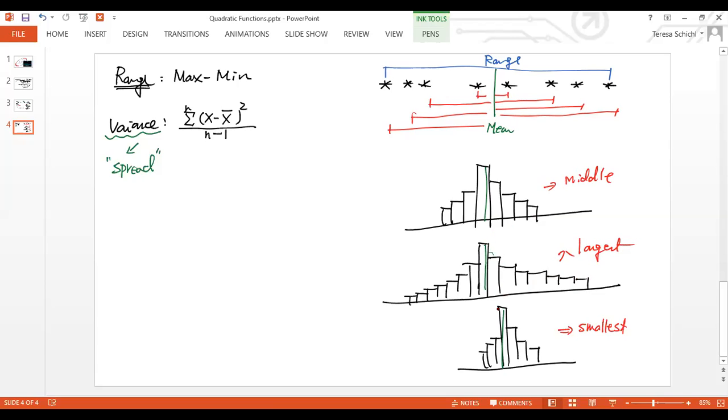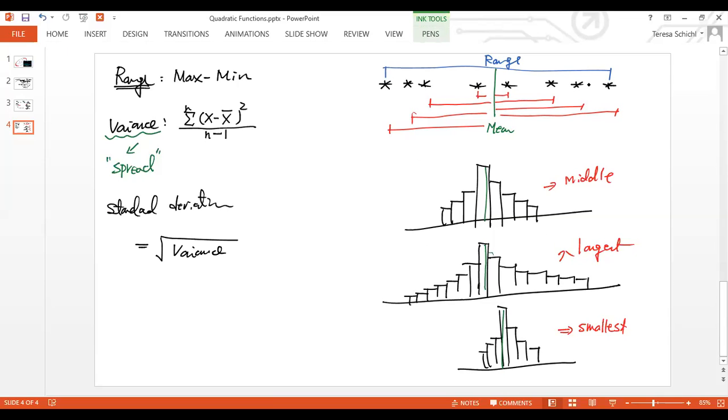The next thing we talk about is the standard deviation. The standard deviation is similar to the variance. It's just the square root of the variance. So it's the same thing: we are evaluating how far the spread is away from the mean.